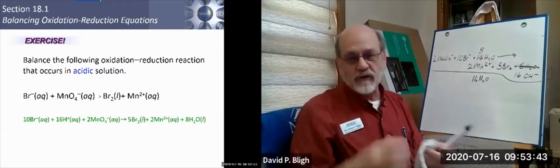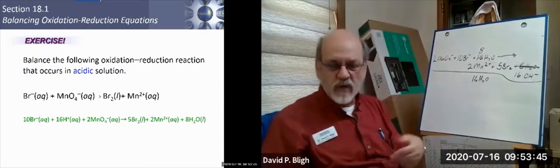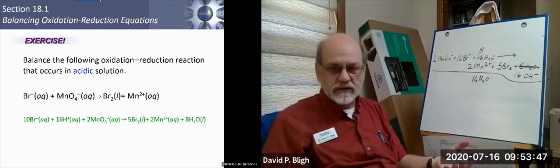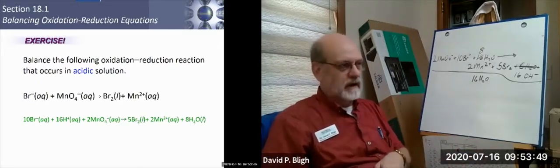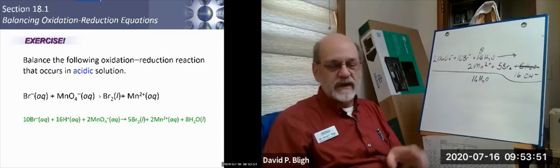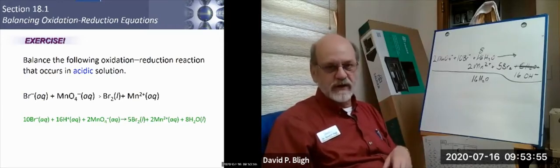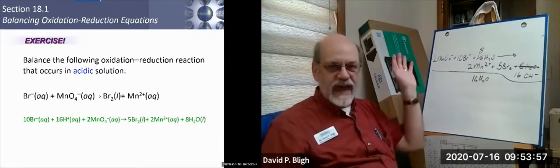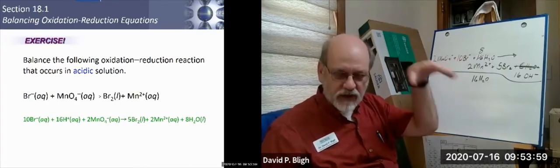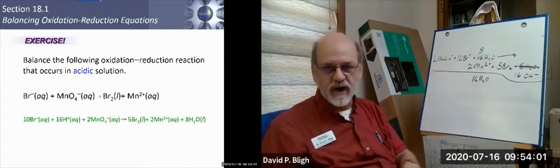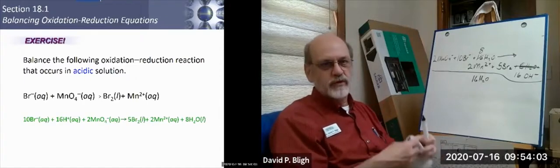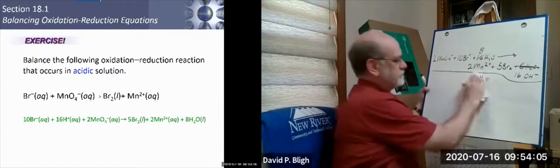Theoretically, you could start from scratch and balance an equation in basic solution, but it would be extremely difficult and prone to mistakes. So I think going the acid route, then converting to basic is probably the prudent way to go.